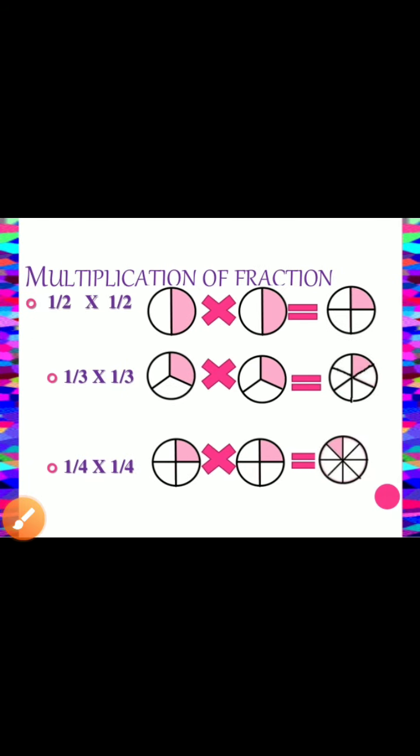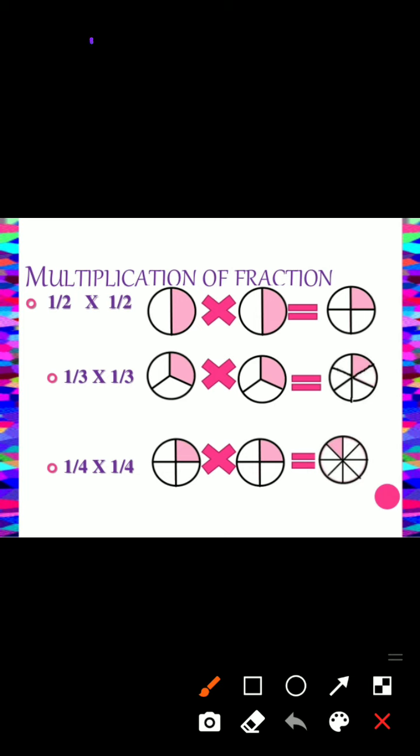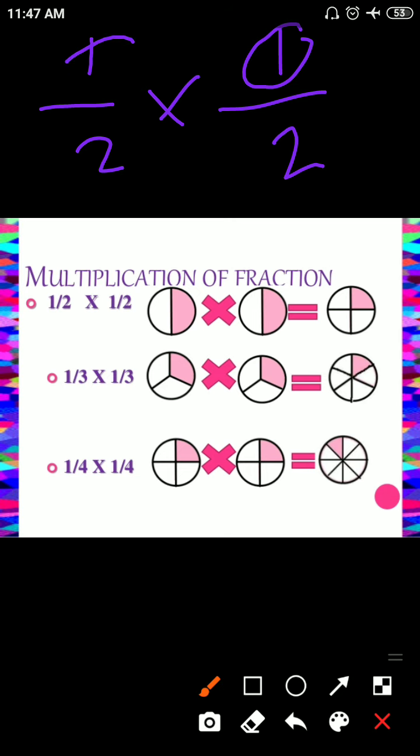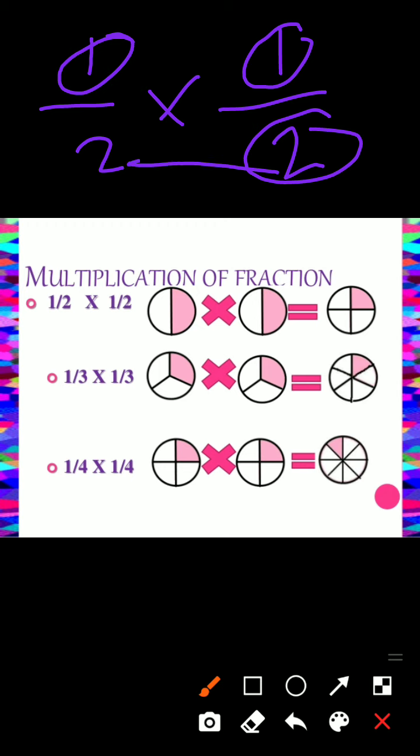Next, how will you multiply fractions? Remember, the numerator will always multiply with the numerator, and the denominator will always multiply with the denominator. If the two fractions are 1 upon 2 into 1 upon 2, then 1 into 1 you will get 1, and 2 into 2 you will get 4.